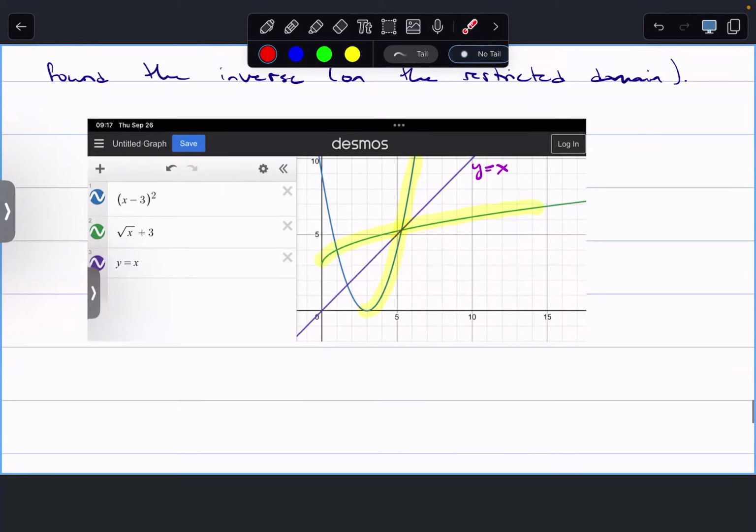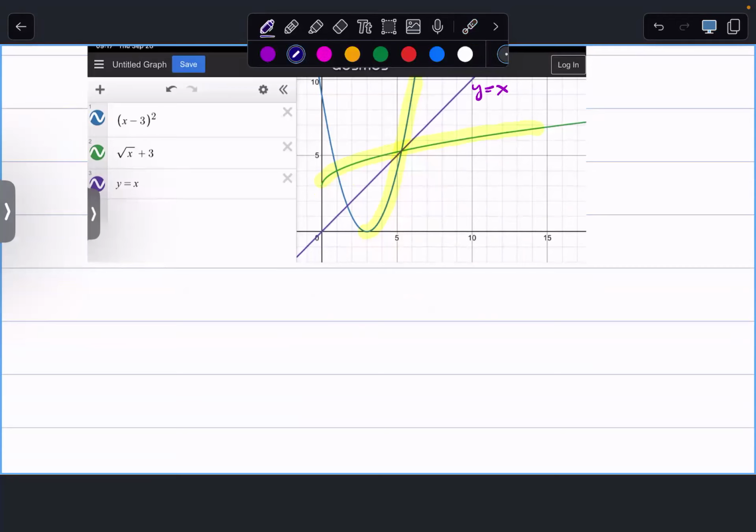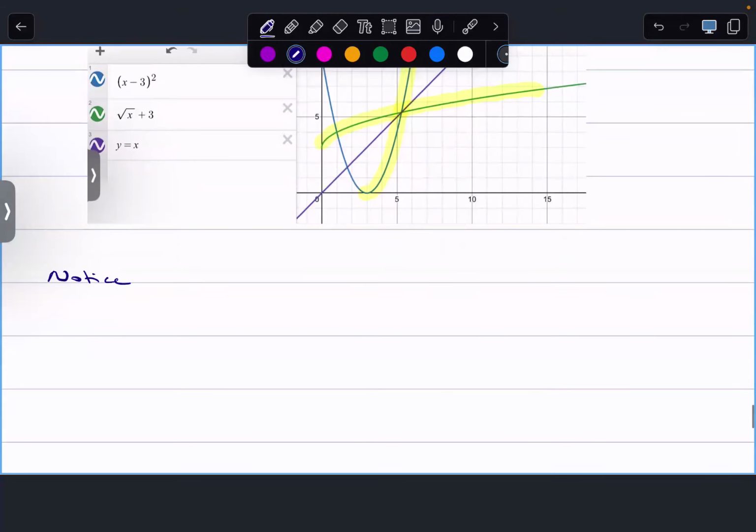It's how inverses work. And so notice, it is a nice way to be able to check your work though. If you have Desmos going on the side, then you can check your inverse and convince yourself that it is a reflection around the y equals x line.